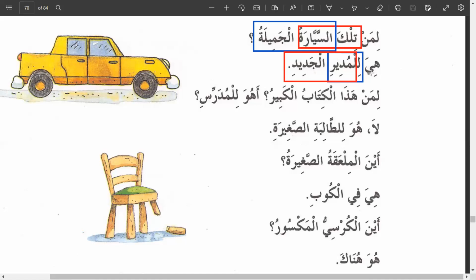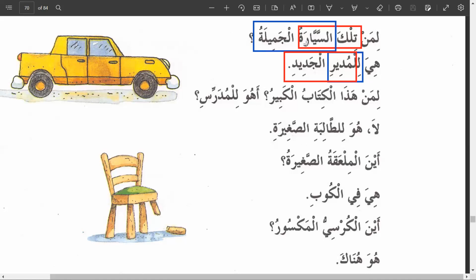Here is pointing to what was the subject in the previous sentence they were asking about. They were asking about the car, liman tilka sayyaratu. So now I give it away.